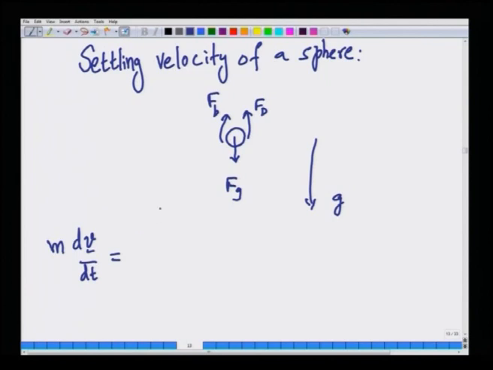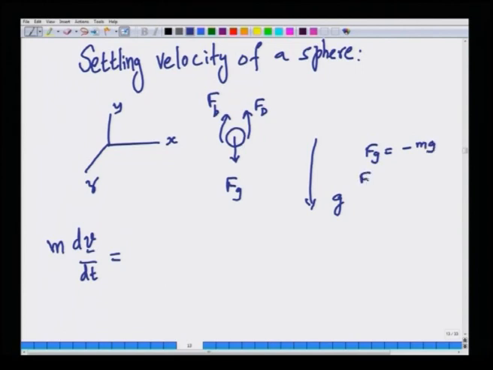So, let us assume a coordinate frame x, y and z. The mass times dV by dt is the sum of all forces. Let us simply write the algebraic quantities, so let's use a sign convention. The gravity force Fg is minus mg.